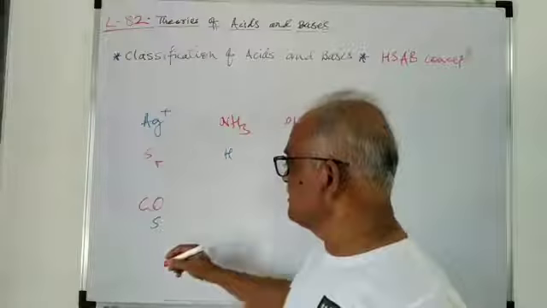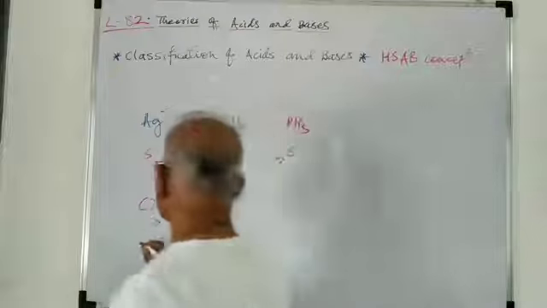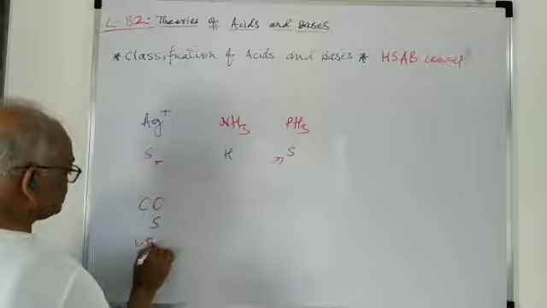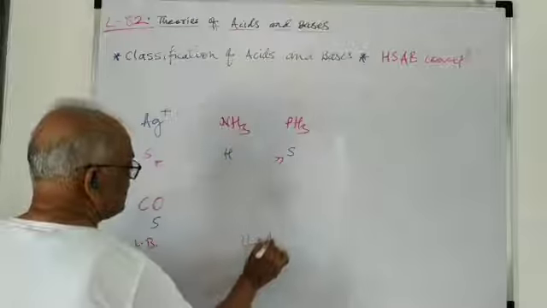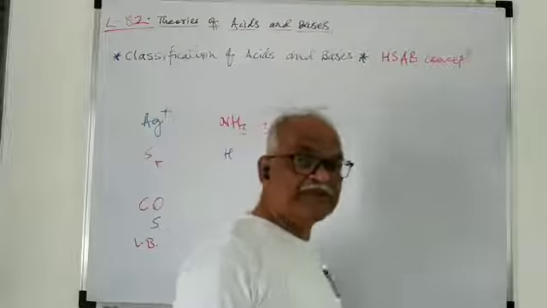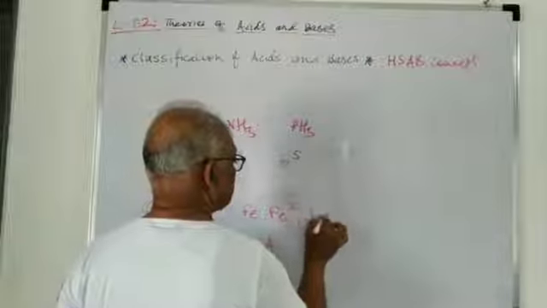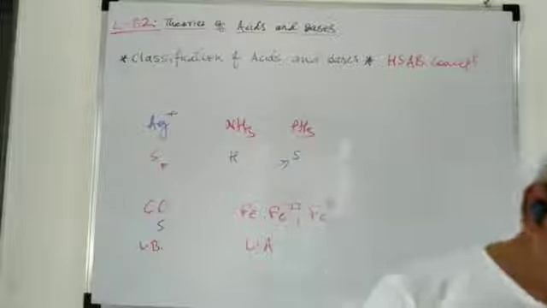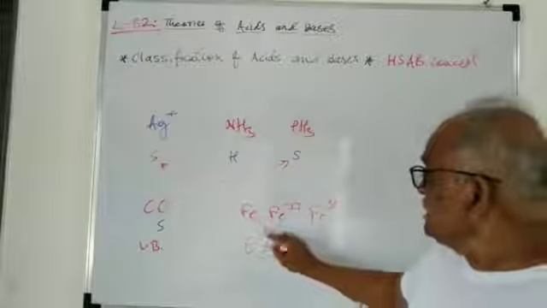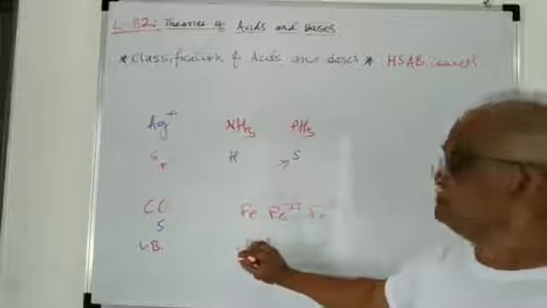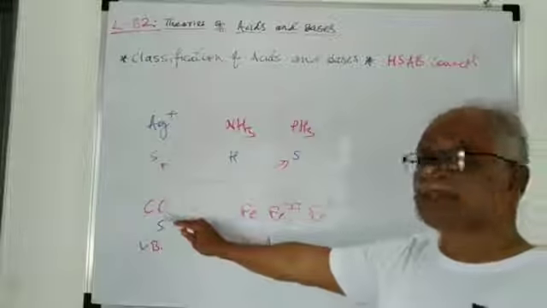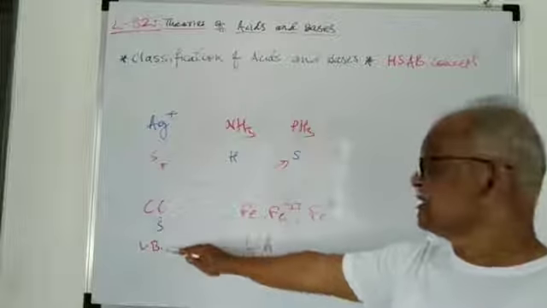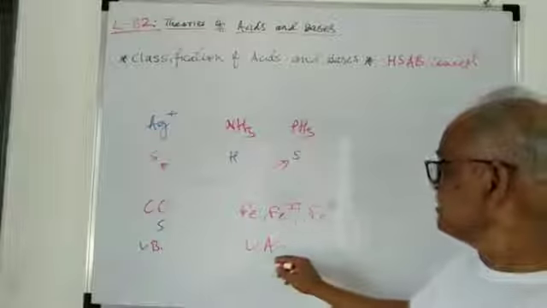If we consider Lewis acids such as Fe, Fe2 plus and Fe3 plus, you will find that Fe is the softest one, so it will prefer to combine with CO because it is the softer combination.